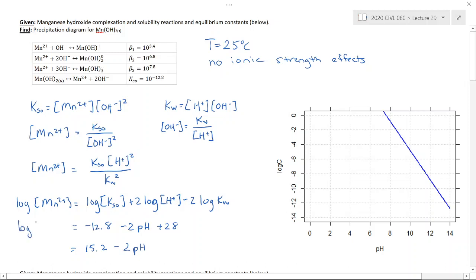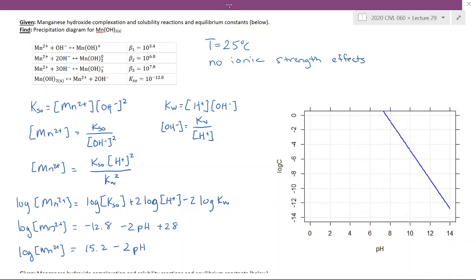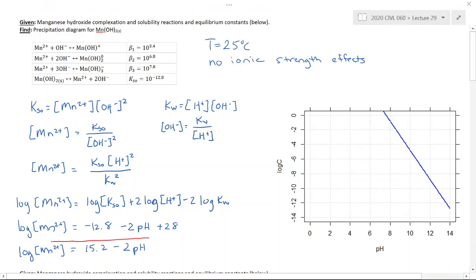And this side doesn't change, so we still have the log of manganese. And I'm going to write this. So that is my answer. That's the equation of a line.